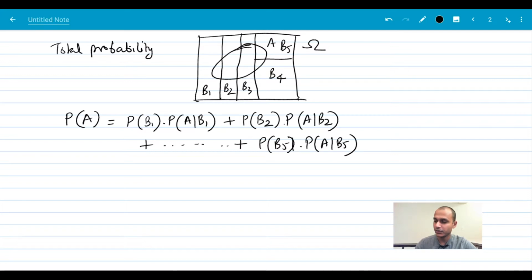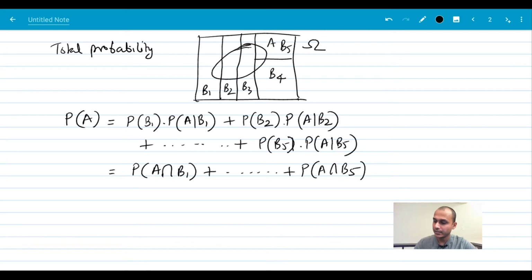And why is this true? You can see this by using again the definition of conditional probability. The first term is just probability of A intersection B1, plus three terms in between, and then probability of A intersection B5.